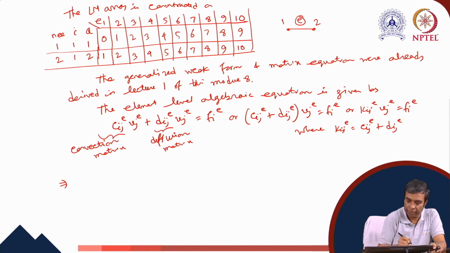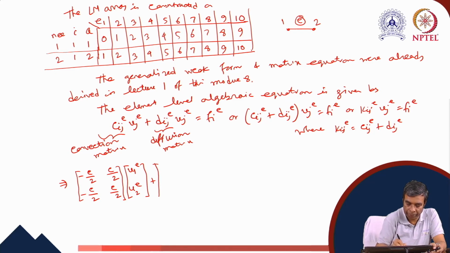So we already know that Cij is minus C by 2, C by 2, minus C by 2, C by 2, and Uj is U1e, U2e. The diffusion matrix is given as C by 2Pex, minus C by 2Pex.